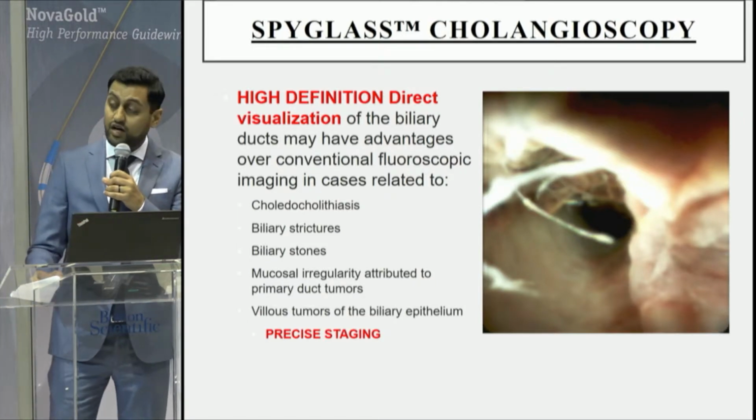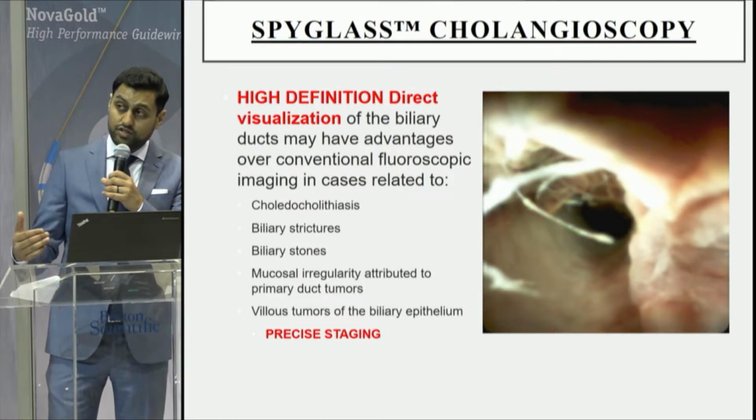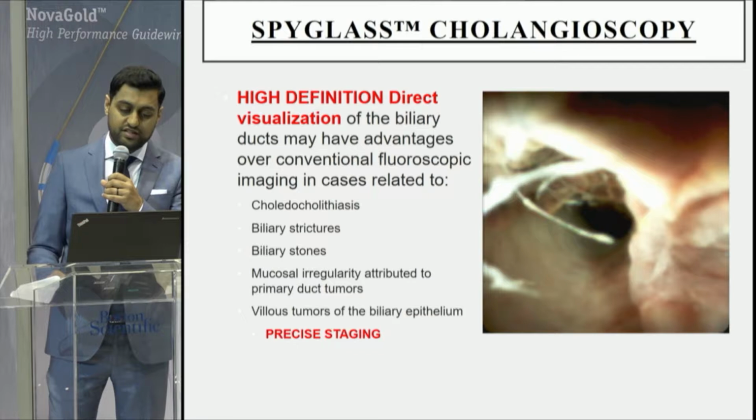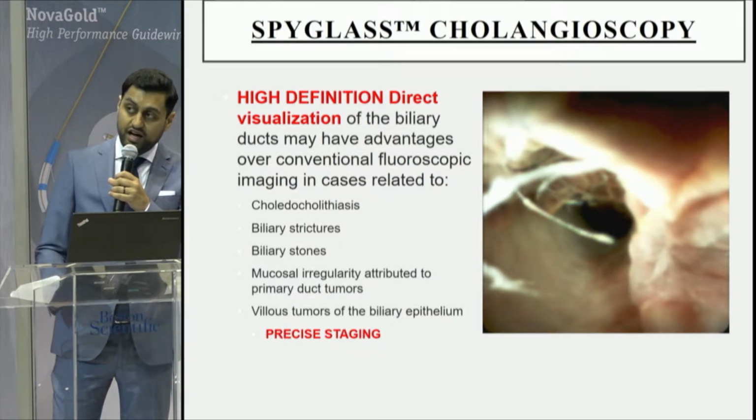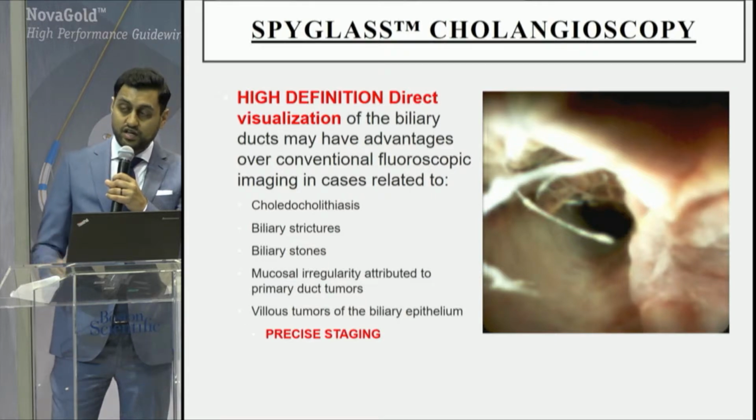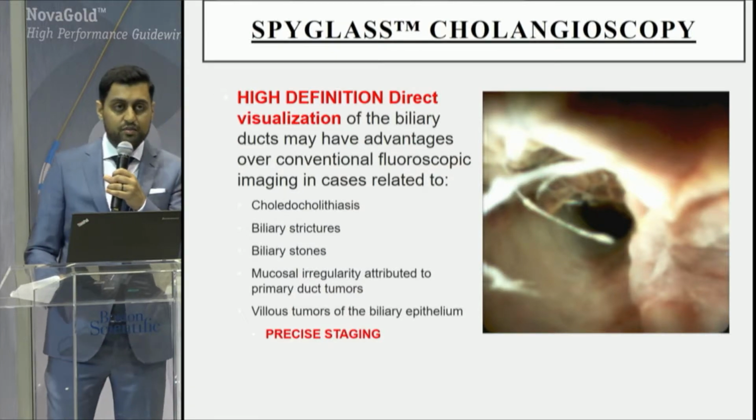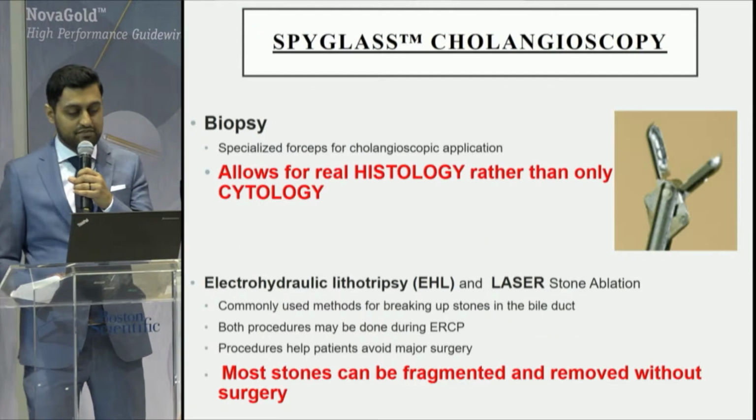I think that's really nice, and it also allows us to do precise staging, so we can talk about where the tumor starts and where it ends, and we'll show you direct examples of that as well. In addition, we can define biliary strictures to be benign, and the extent of those strictures. We can treat biliary stones and find other irregularities that may be precursors to the development of cholangiocarcinoma, particularly in patients who have maybe PSC.